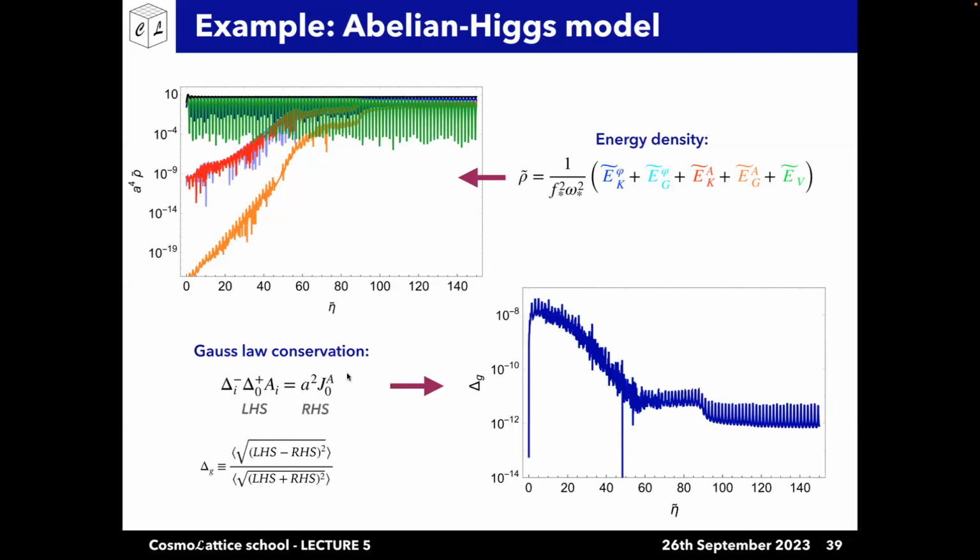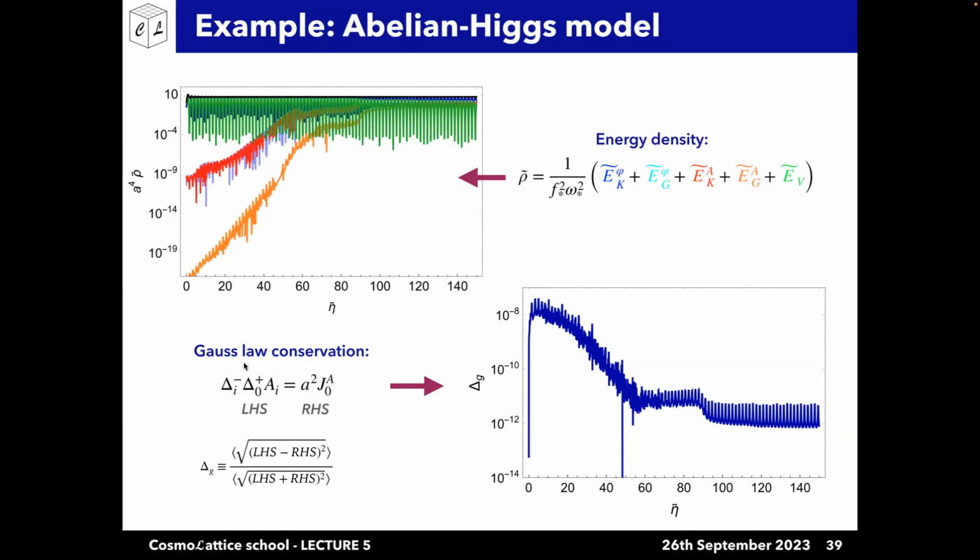One interesting thing is that, as I have said before, here we check if the Gauss law is preserved throughout the evolution, and in fact, this Gauss law must be preserved up to machine precision. This is not like the energy. When we were checking the energy conservation before, we had a certain degree of violation, right?